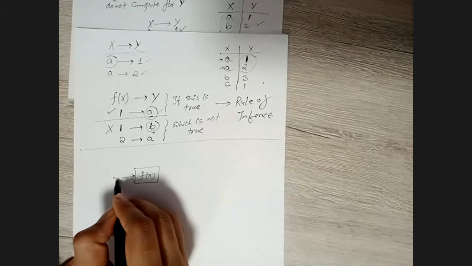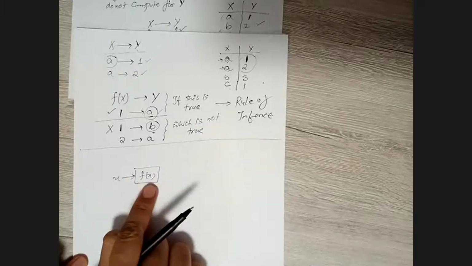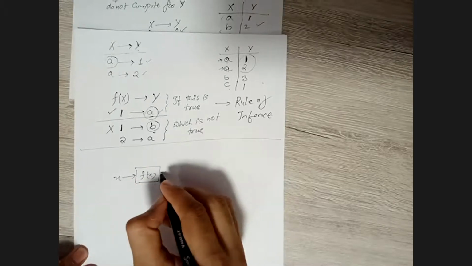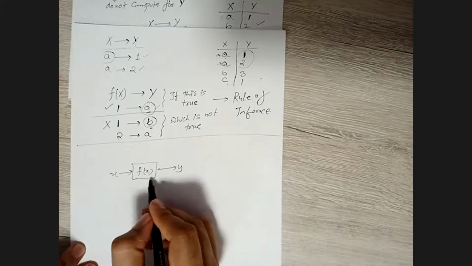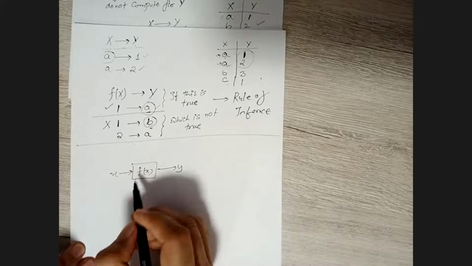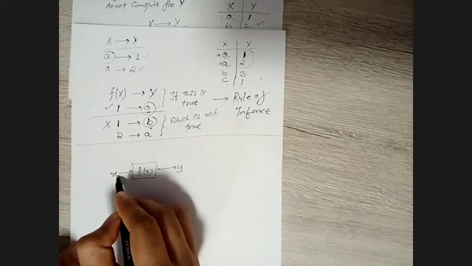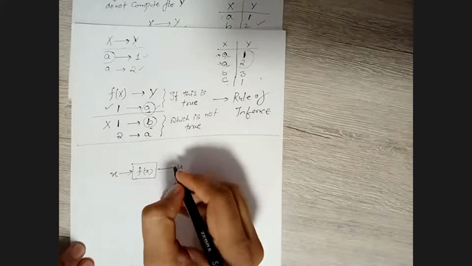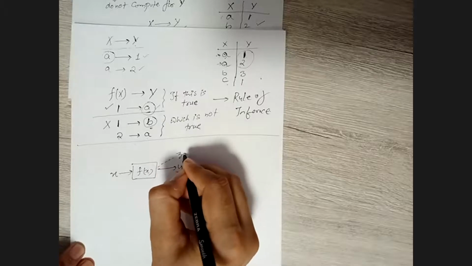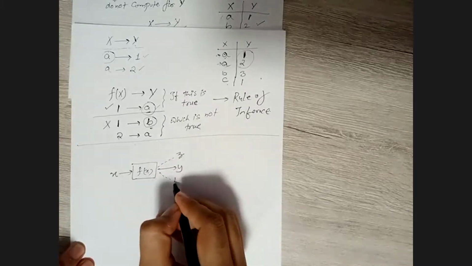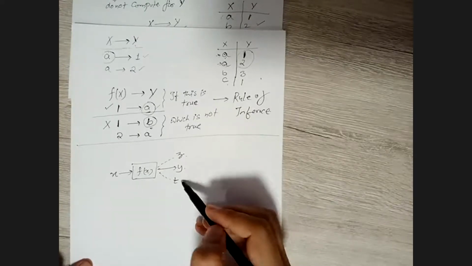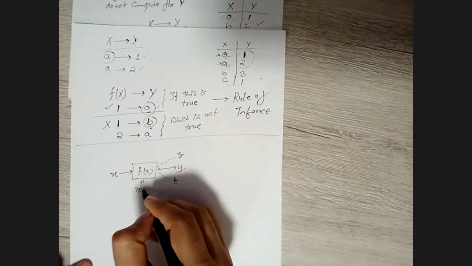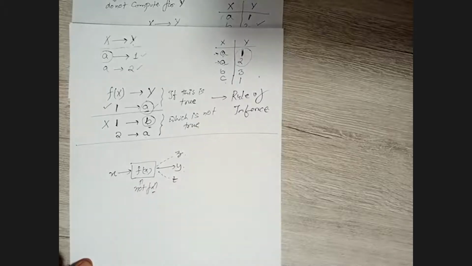We provide the value of x to the function f of x, and we get the value of y. Then we say that yes, f of x is a function. But in case when we provide the value x as an input and we get y, and probably we can get z as well, or we can get some value t, there is a possibility of getting multiple values. In that case, this f of x is not a function, remember.